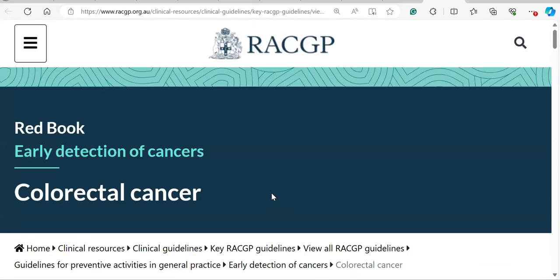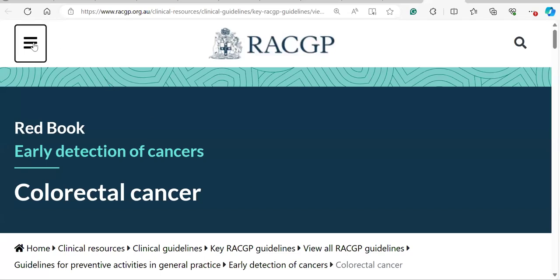So for any kind of screening, so screening is a very important topic for your exam. For any kind of screening, we follow Red Book Australia. Okay, so there is a whole very big book where all the screening that we do in Australia is written.